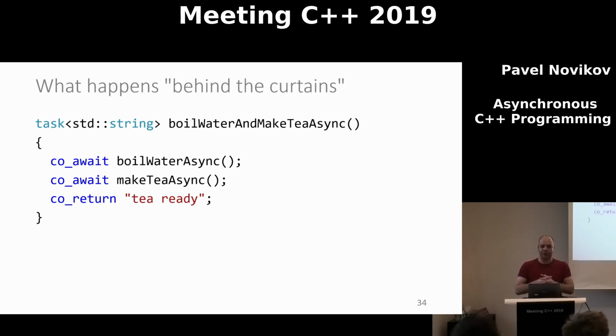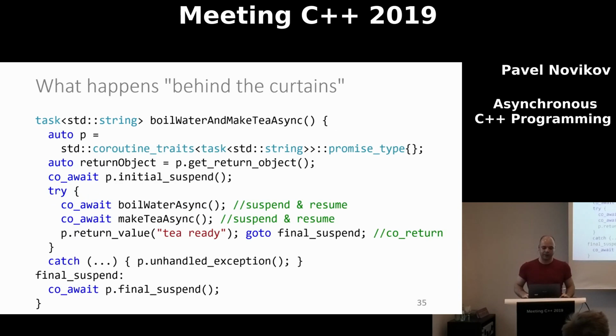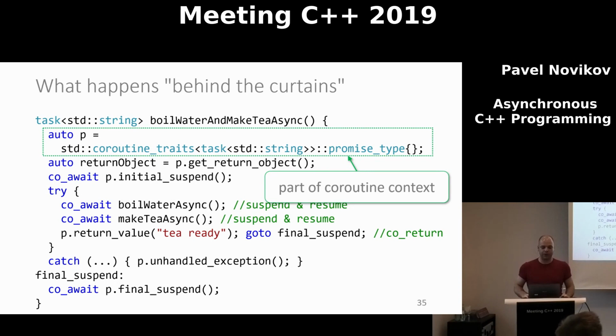So what happens here behind the curtains? If we have all of that in one place, when you write something like this, it roughly translates to this. We have our coroutine. We have a promise type in our coroutine context that is used to communicate between the coroutine and the outer world, so to say.